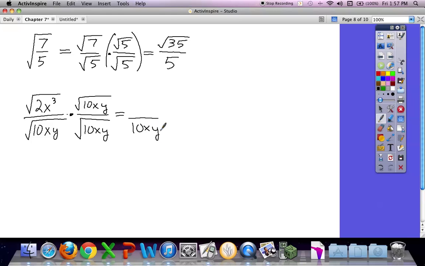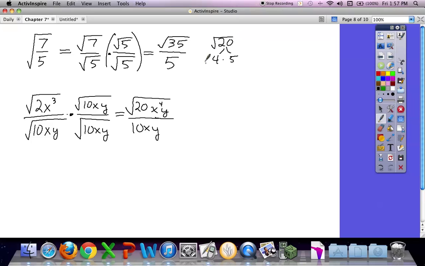Okay. Now we can combine these two in a product property. This is the square root of 20 x to the 4th times y. Okay, now we can simplify the numerator in that 20 is 4 times 5.